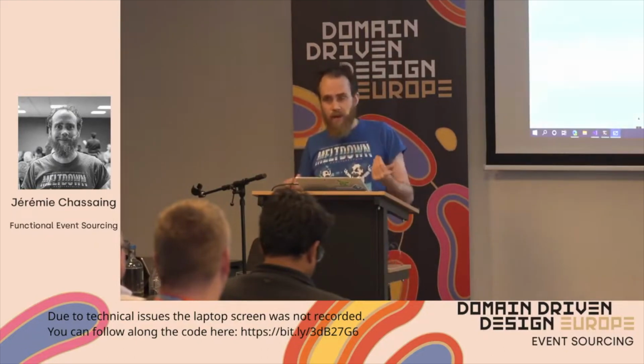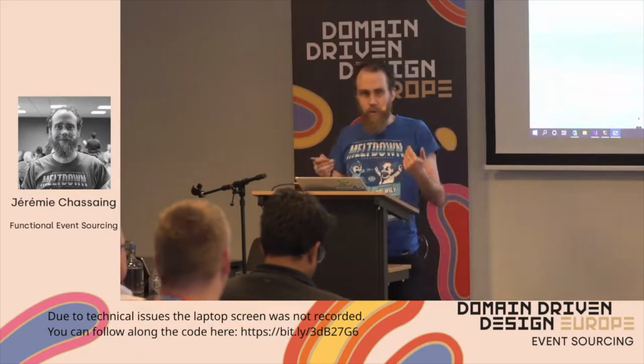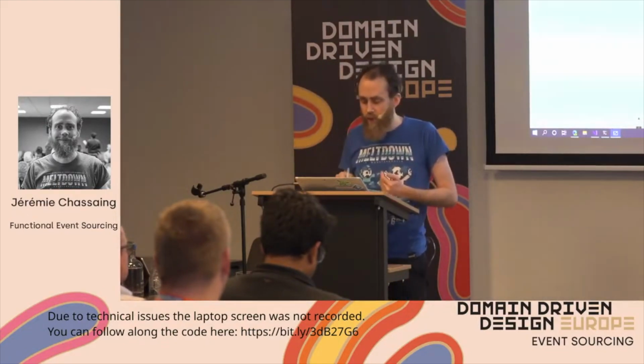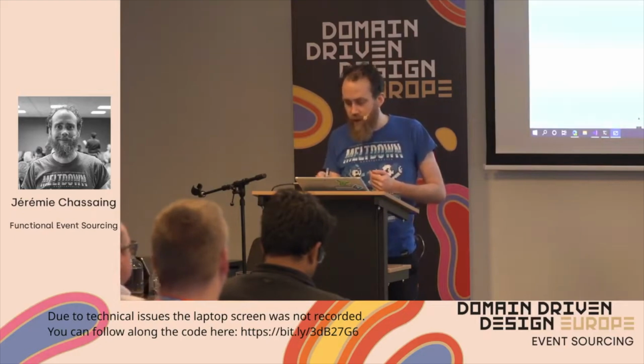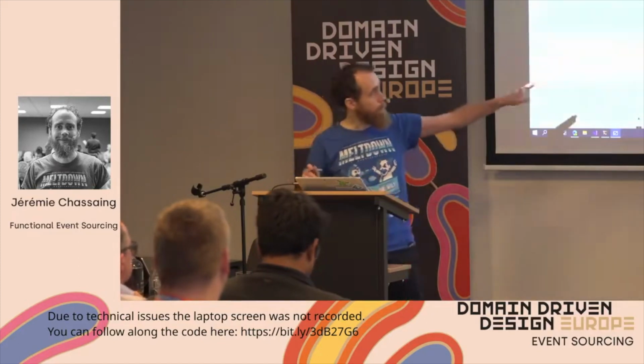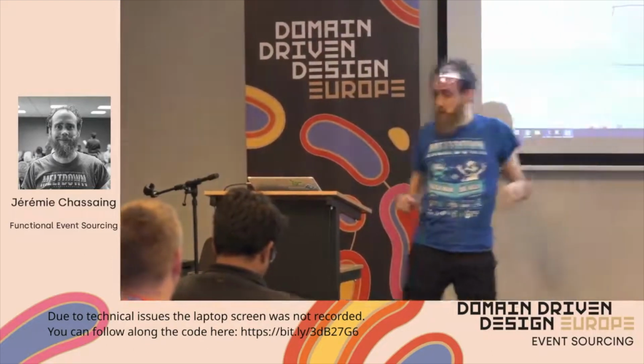And once I've done that, I will be able to use those events to compute my new state. For this, I will create an evolve function that takes an event and a state. The idea is that when this happens, and I'm in this state, here is my new state.